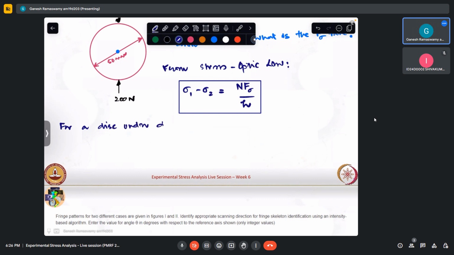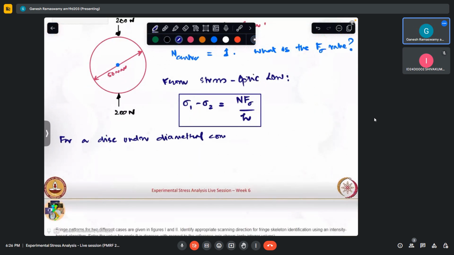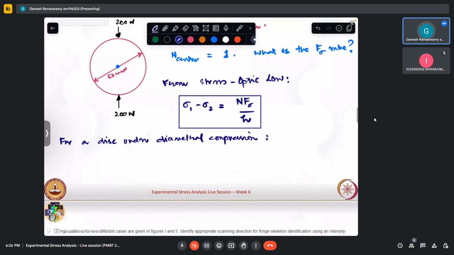So for a disk under diametral compression, from the equations, sigma x, sigma y and tau xy will be a function of x and y and the other loading parameters. Now in that x and y, we just need to plug in x equal to 0, y equal to 0, because our origin is set here at the center, and that is the point we are actually considering.